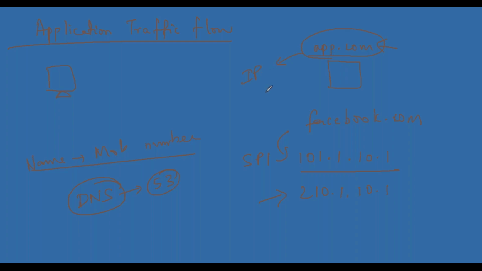On the internet, any communication that happens will be happening from your IP address. So let's say this client system is trying to communicate to the IP address of app.com. In here, the client first has only its own IP address, the source IP address. Now the next thing is it needs to find out the IP address corresponding to app.com.